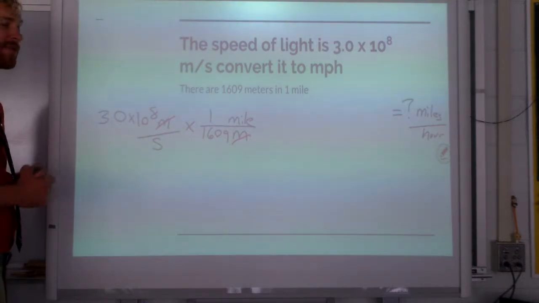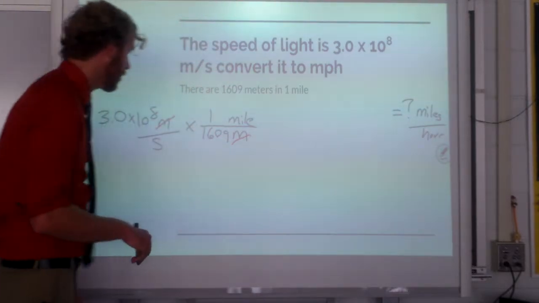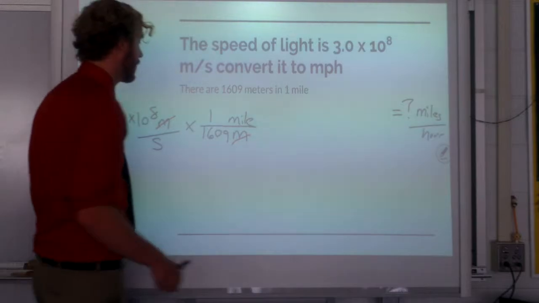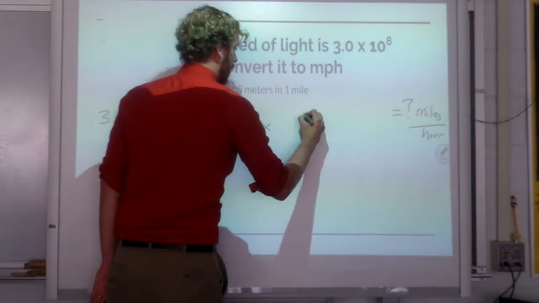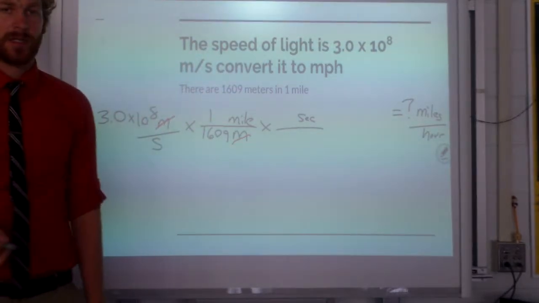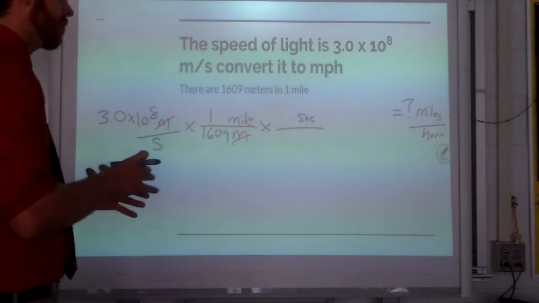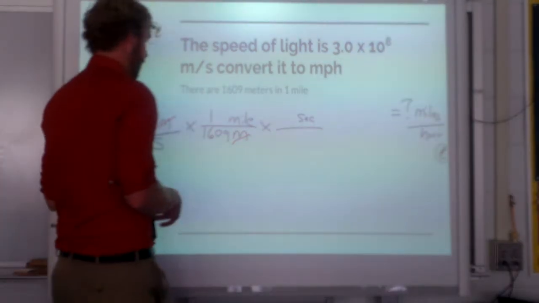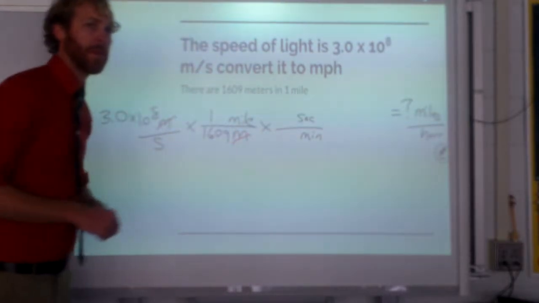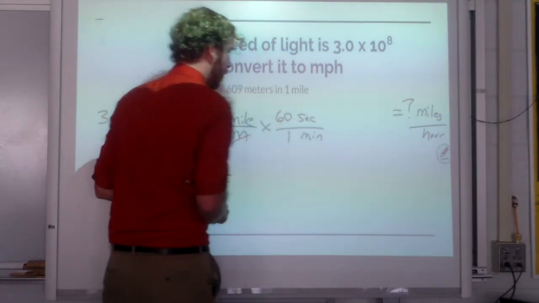Now we still have to get rid of seconds. Currently we have seconds on the bottom. We need to get seconds on top to cancel it out. So we'll have seconds on top, and we could do seconds to hours, but I'm going to break it up even more. Let's do minutes. How many seconds are in a minute? Well, there's 60 seconds in 1 minute.